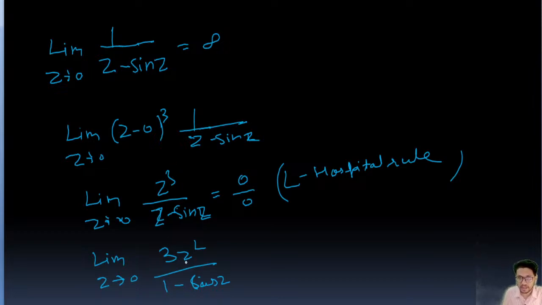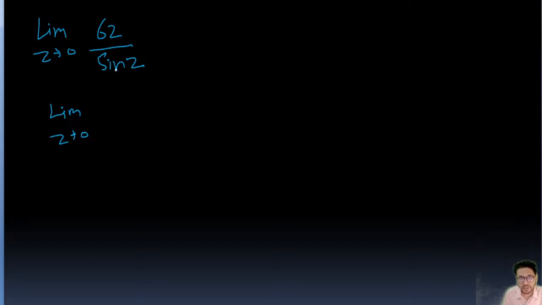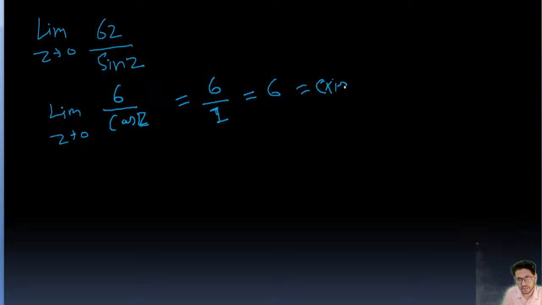First differentiation did not give a value, then second differentiation, then the third time we do differentiation. So this is going to be 6 upon cos z. Now if you put z equal to 0, cos 0 is 1, so that is 6, a finite value that exists, right?